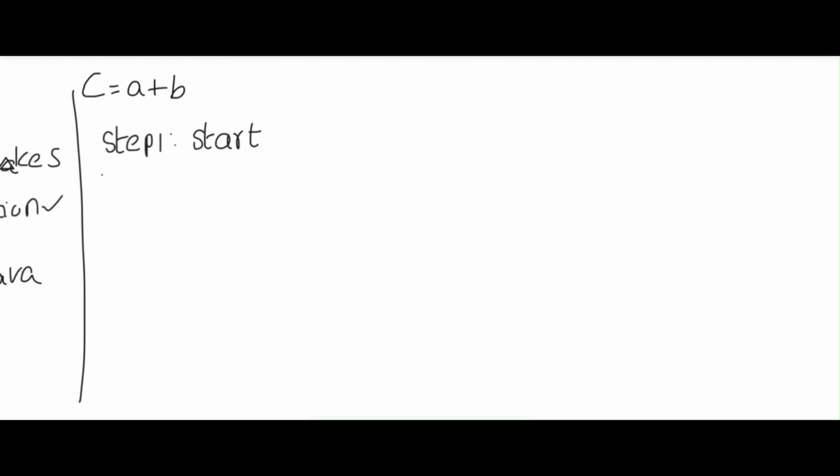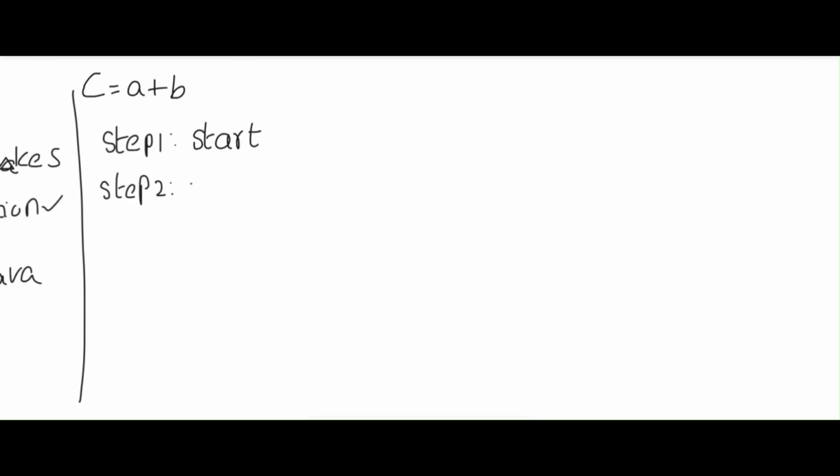That's it. We are done with step one. It's not that you have to follow a particular syntax to write an algorithm. You can just follow simple English language, and you can follow any syntax because you are not implementing this in a programming language, you are just planning it, right?